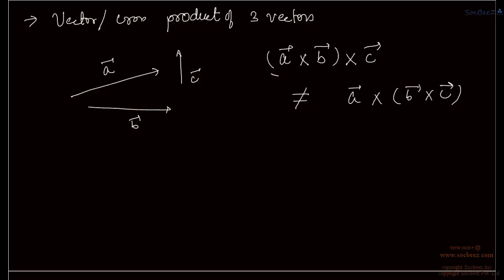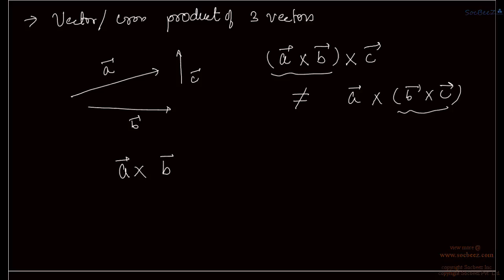Remember it, because A cross B will give a vector perpendicular to A and B, and we take that perpendicular vector crossed with C. Here we get B cross C as perpendicular to vectors B and C, which we are again multiplying. That is, we are again finding the vector product of A and a vector which is perpendicular to B and C.